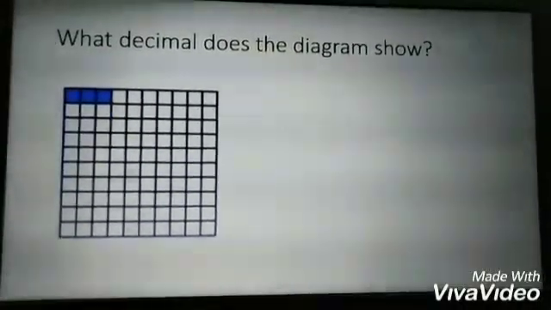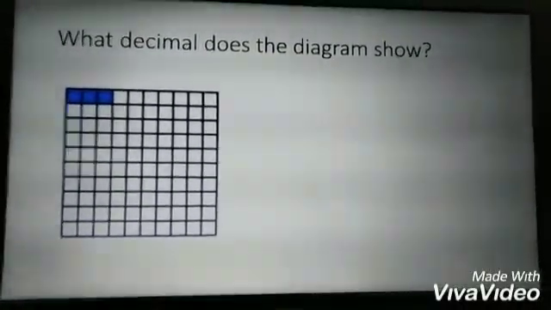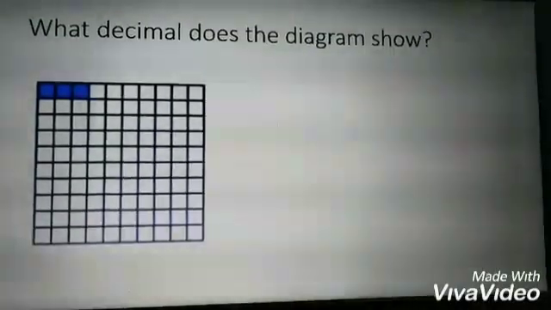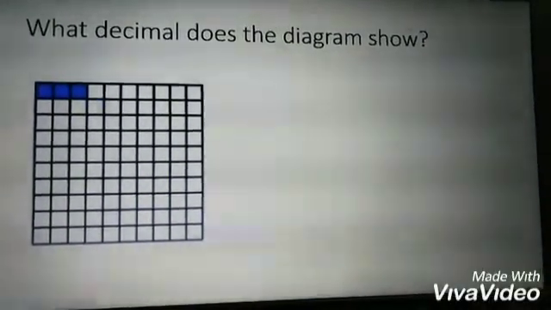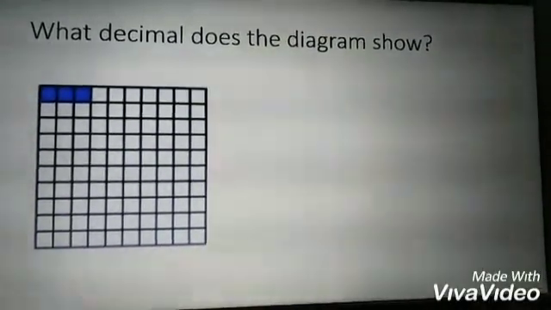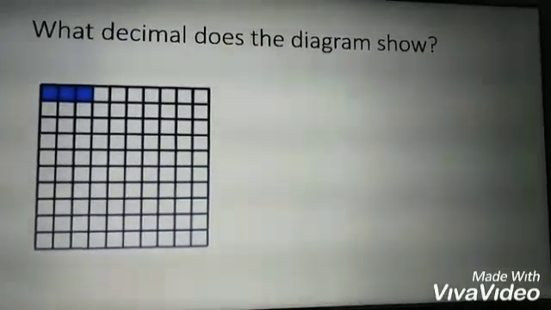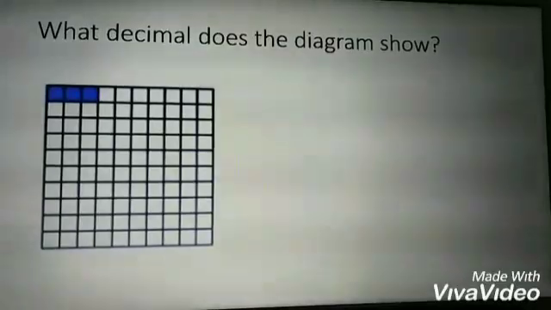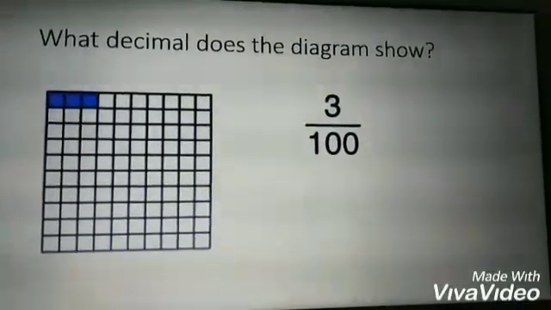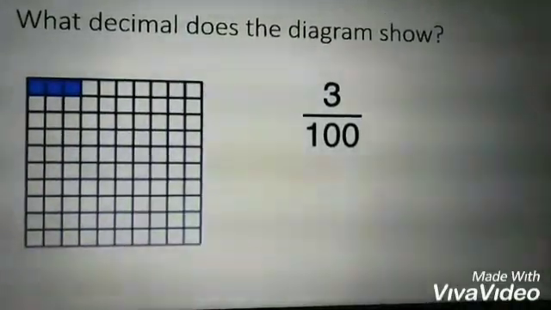Now look at this diagram and tell what decimal it shows. To find the decimal, we have to find the fraction of the colored parts first. The fraction of the colored parts is 3 out of 100, or 3/100ths.